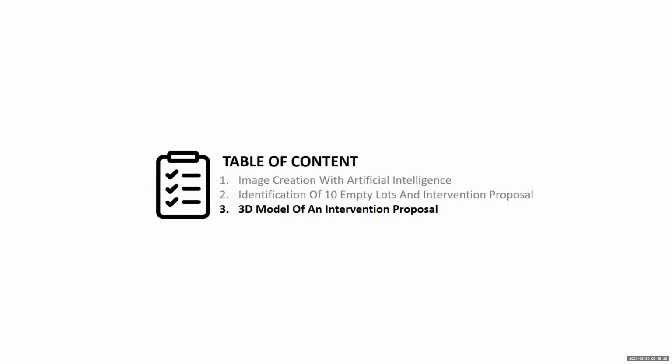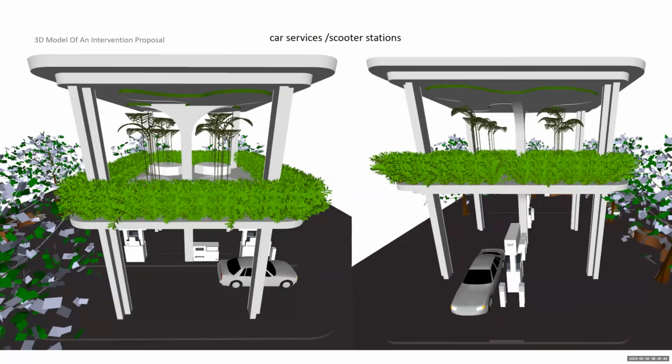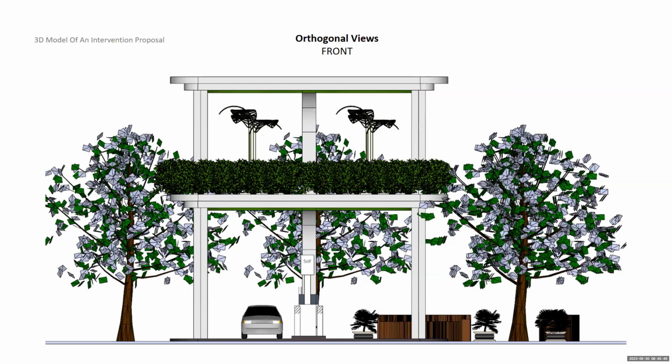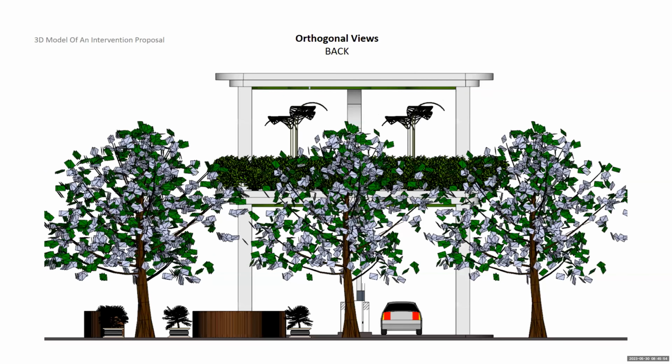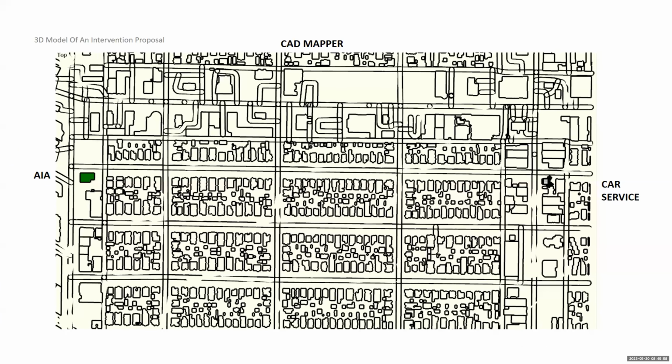And finally, the 3D model of an intervention proposal. I chose the car service and scooter stations, so I recreated it in SketchUp. These are the orthogonal views: the front, the back, the left, the right, and the location in the map, in CAD Mapper.